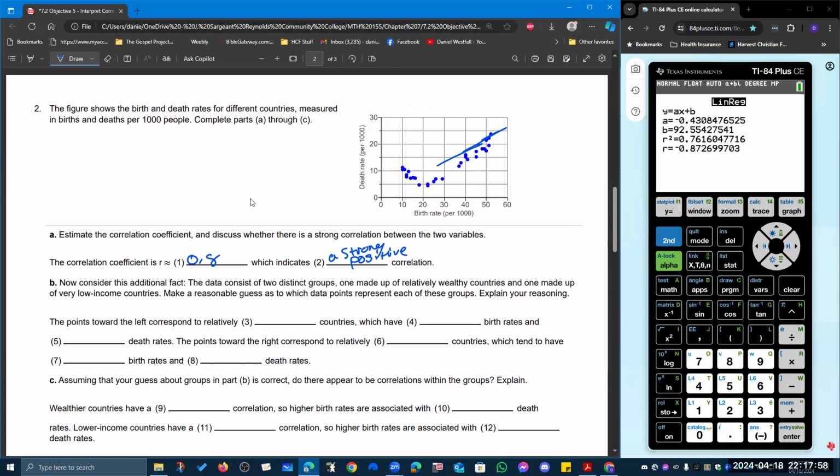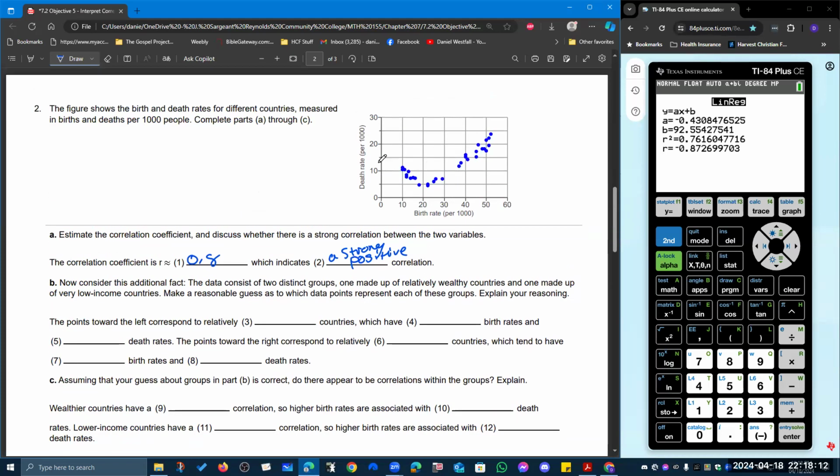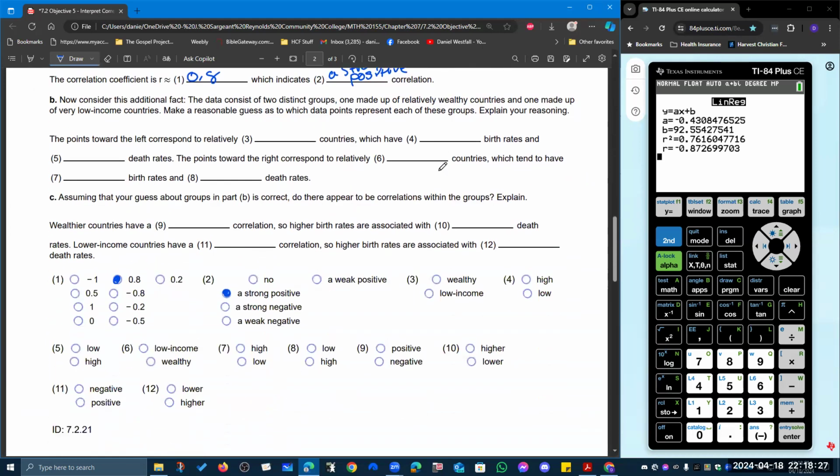So we would assume that the lower income countries had higher death rates. We would just assume that. So we would probably think that this group here was probably higher income countries, and this group here was probably lower income countries. We'll just take a guess at that.